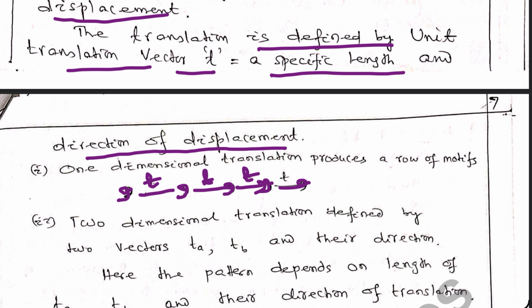T is the translation vector. So in this manner, the motif gets arranged.